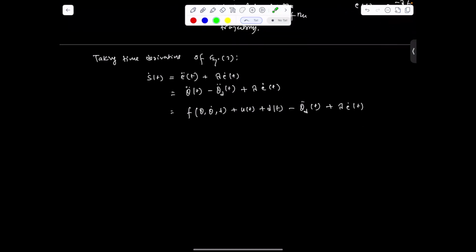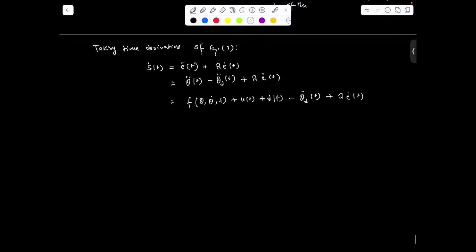So now we'll design the finite time control for this system. As we have discussed in the earlier lecture, we have to design this control U of T. If you remember, we had two components of U of T: one is the switching control, and another is the equivalent control.